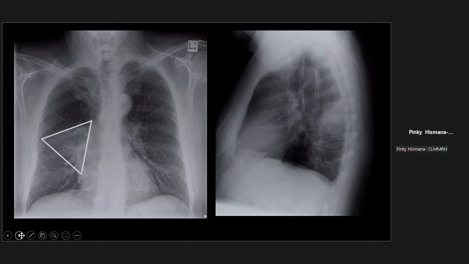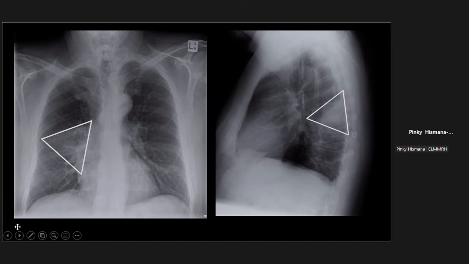So in this case, if you notice, you have a wedge-shaped opacity at the right perihilar area. On the other hand, if you do a lateral view, you have an opacity at the posterior portion of the lungs, most likely beneath your major fissure, but way above your basilar.